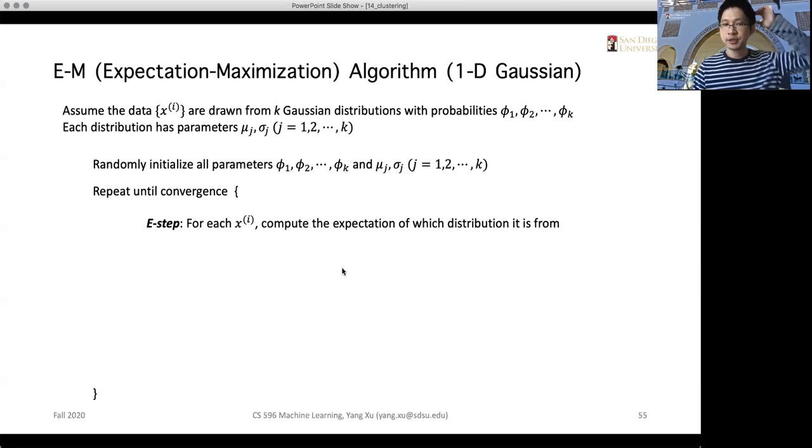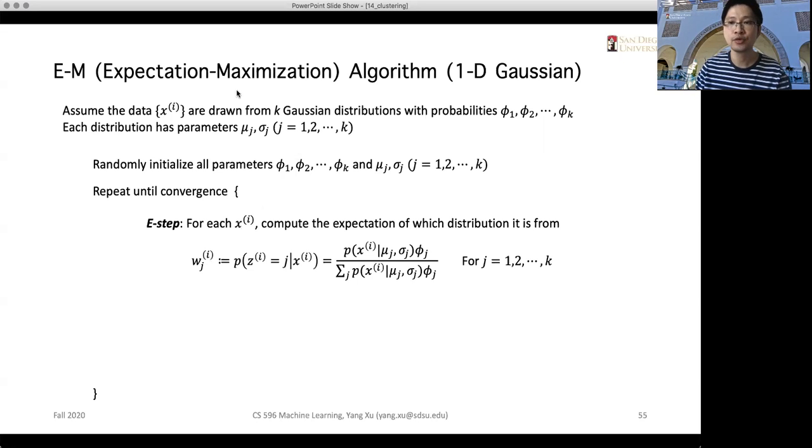The expectation step, or the E step, is that for each data point, we need to compute the expectation of which distribution it is from, defined by the posterior probability. So we need to compute the W of I for each J, which is the posterior probability estimated by this.